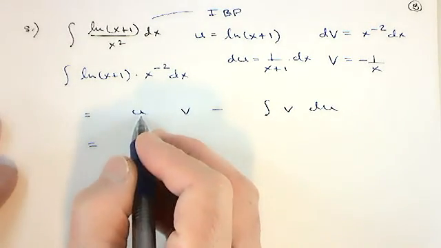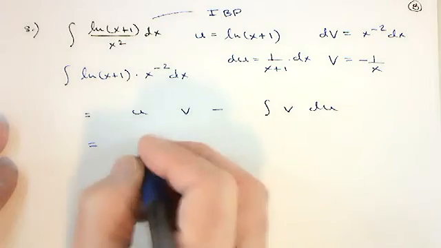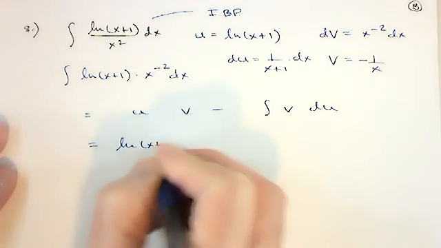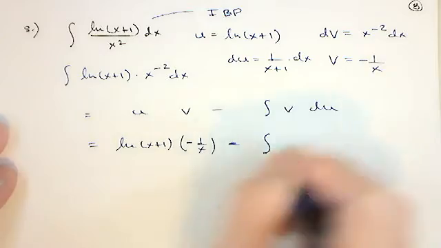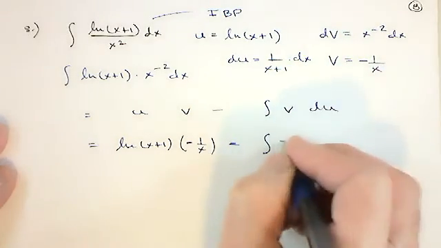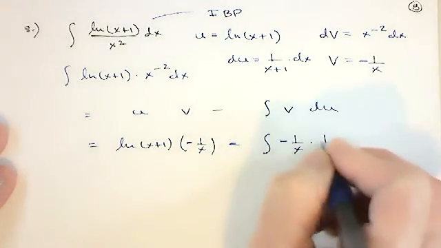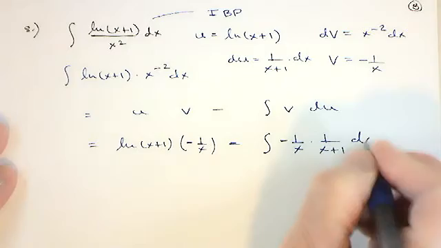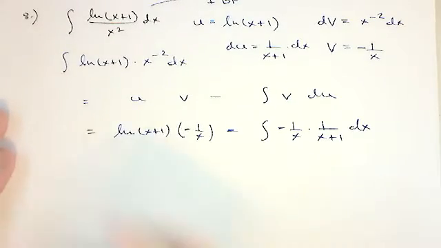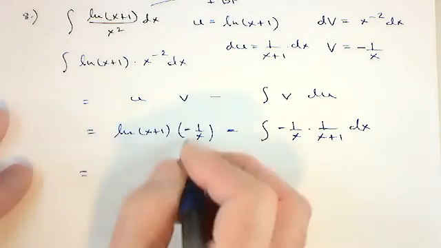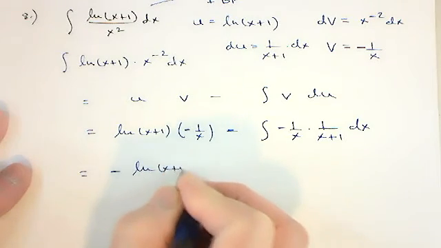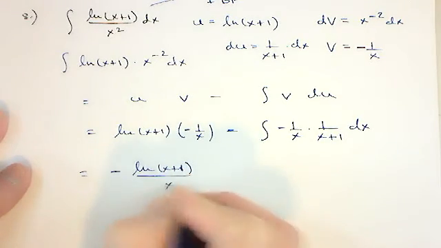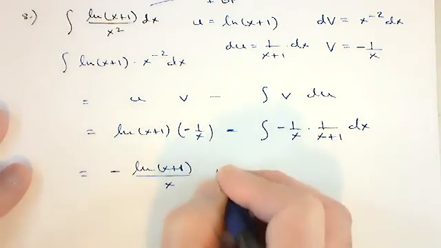If I plug into my formula, uv minus the integral of v du, so that's going to give me, let's rewrite this one as negative ln of x plus 1 over x. We'll pull out the negative here.